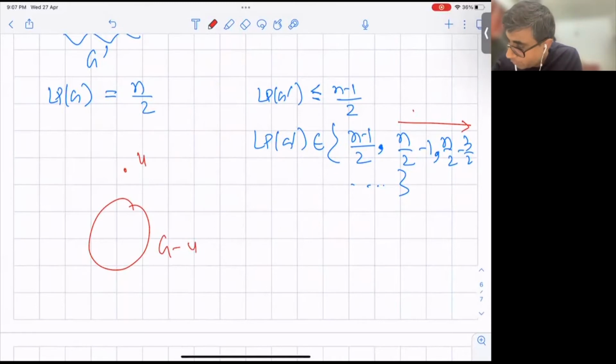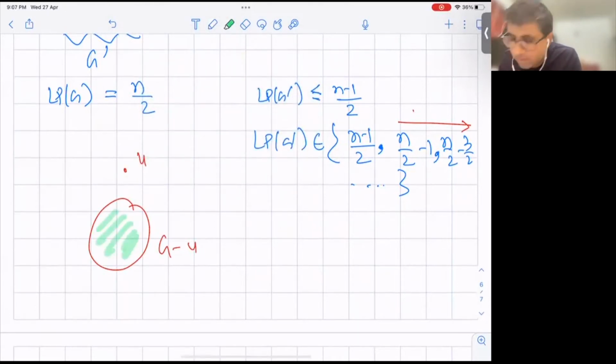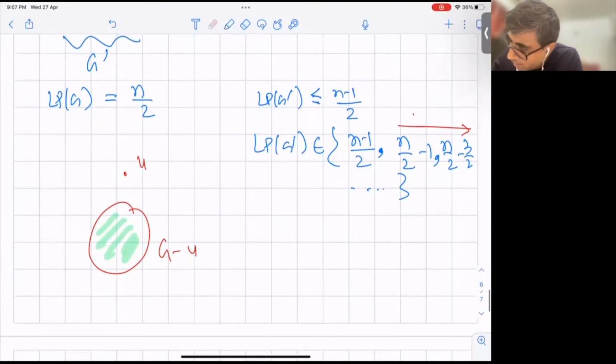So if these have value, say, its LP value is less than or equal to n by 2 minus 1. Then what kind of LP solution can I get?